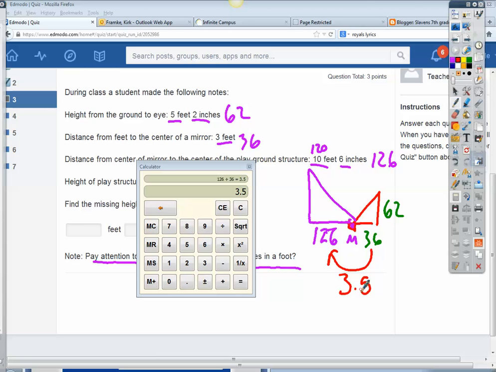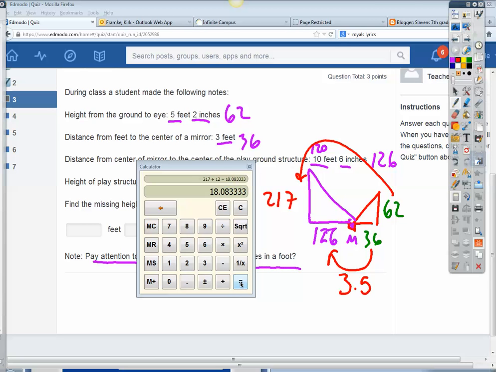Well, that means I need to multiply it over here. Times 3.5, so that's 217 square inches, but who talks about this as 217 inches? So I'm going to divide that by 12.